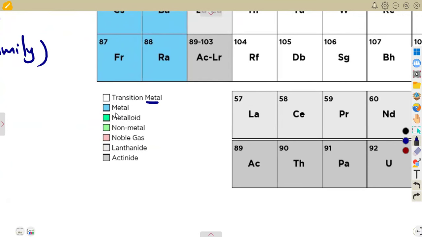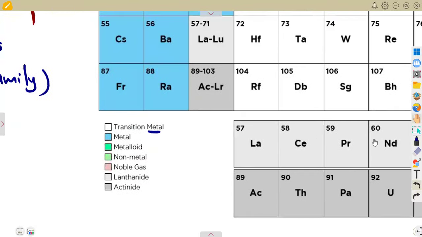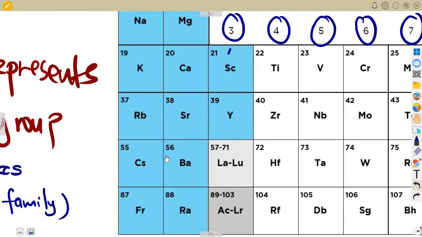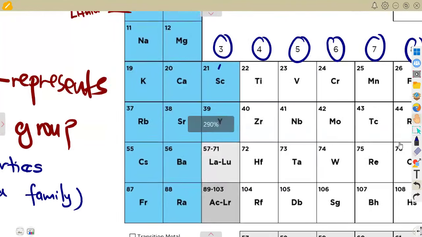These metals can also be subclassified as the alkaline earth metals, the transition metals, the alkali metals. But in this case, we are just saying these are metals that we are seeing in this part here.